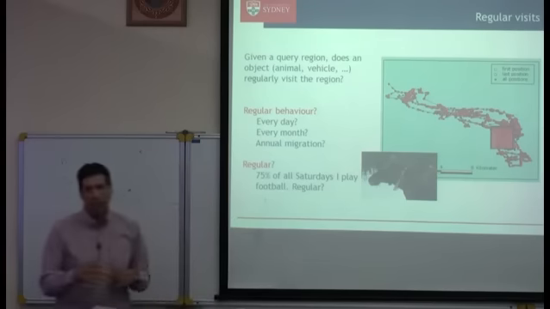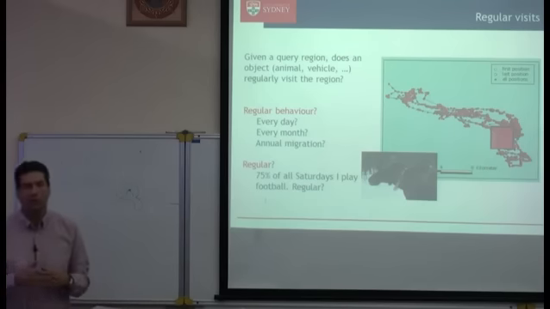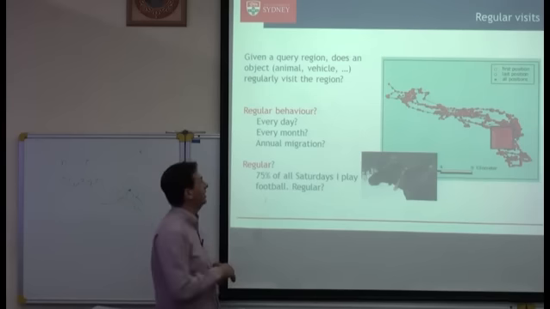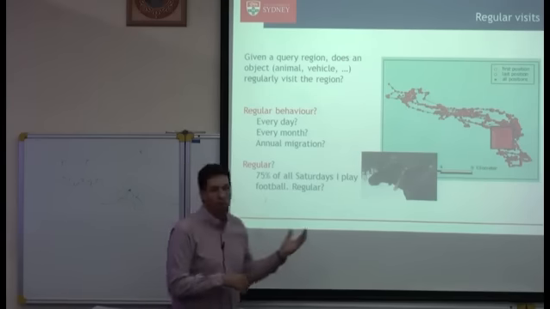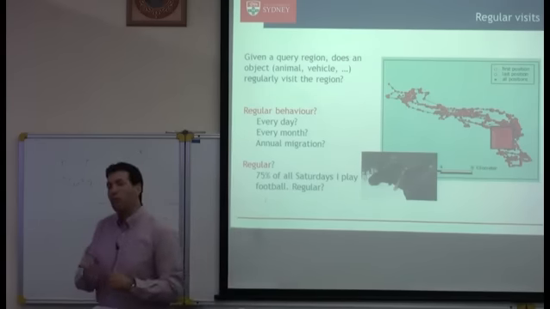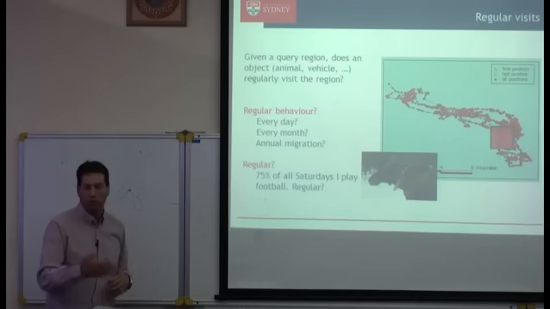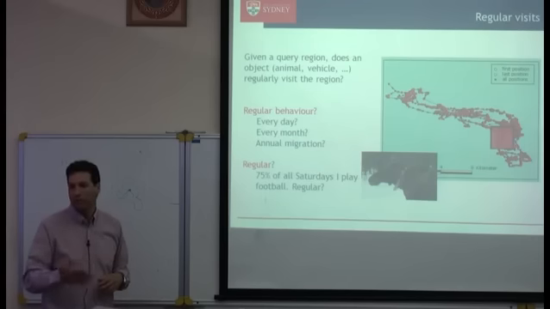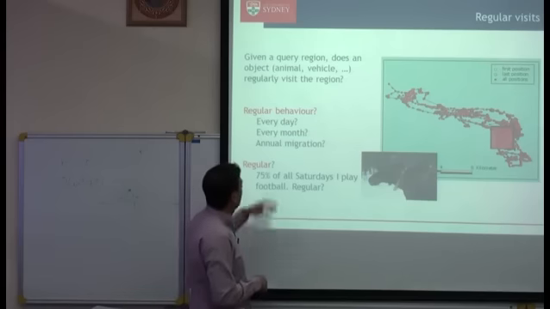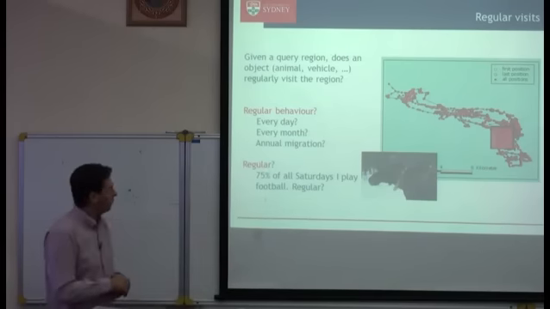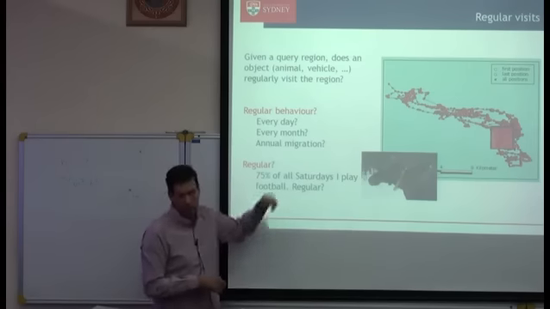What it originated from is that you want to find some kind of repetitive behavior from an entity you're tracking. For example, if you're tracking animals, maybe they will go to a lake every day to drink. In a sense, you want to track this repetitive behavior, this regularity in their movement. Maybe they go every day, or every month, or maybe you have some kind of annual migration.